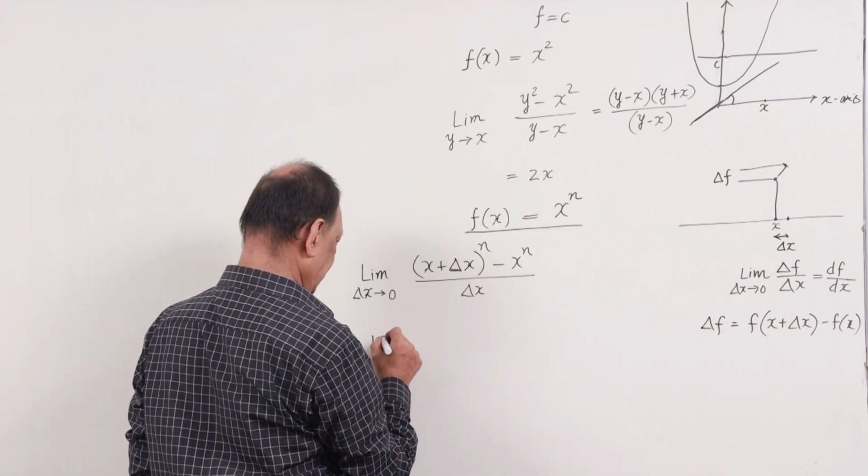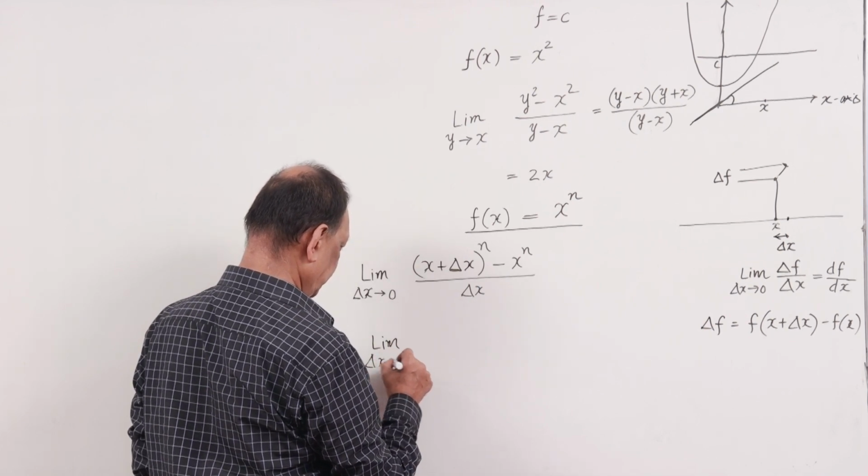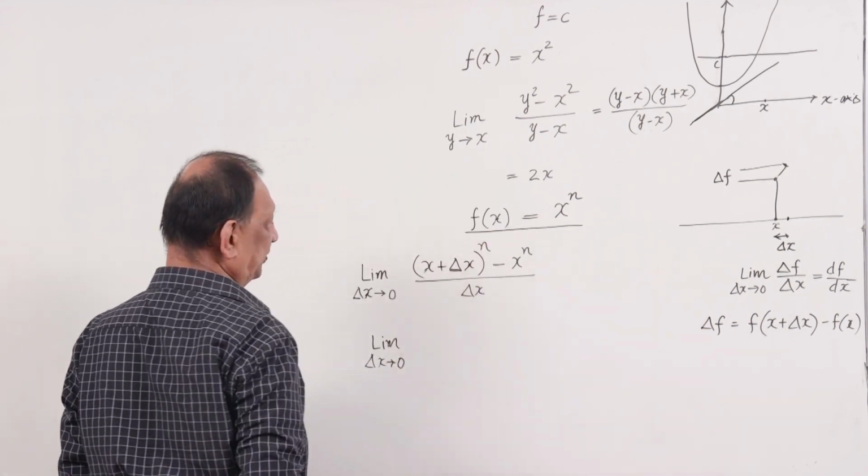Let's write that. So limit delta x goes to 0 of, what is a plus b to the power of n?